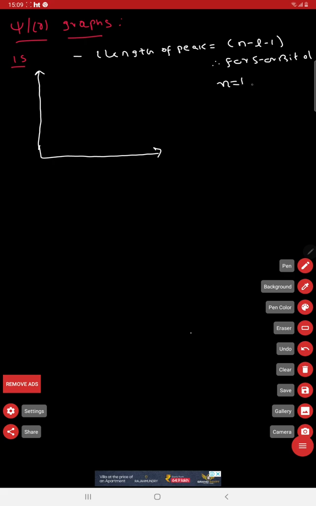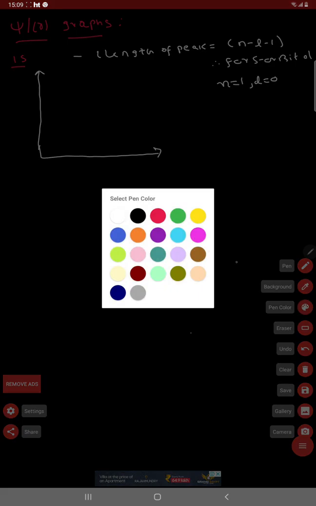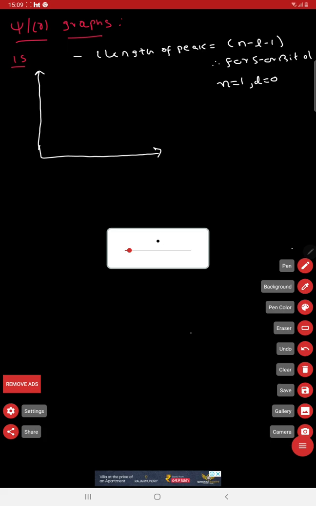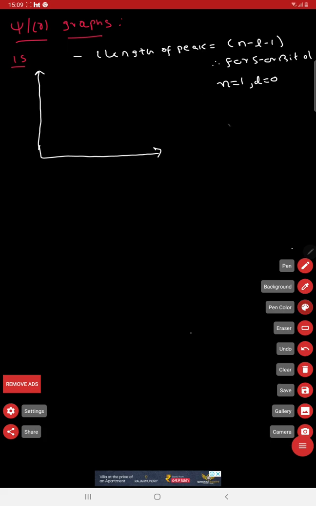Here n is equal to 1, l is equal to 0. Therefore, the length of the graph is 1 minus 0 minus 1, that is 0.